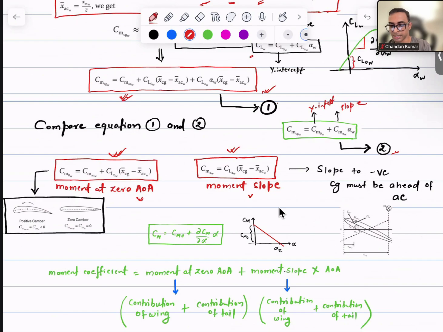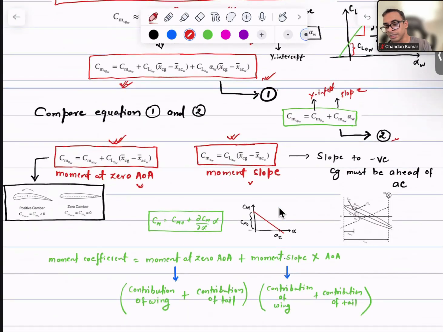Generally we observe for the airplane to have the center of gravity behind the aerodynamic center, and in that situation this moment slope is going to be positive, and that is what we don't want. We want longitudinal stability, and we want the moment slope to be negative. So this gives a sense that the wing contribution to the slope is going to be destabilizing because it will have the positive moment slope.